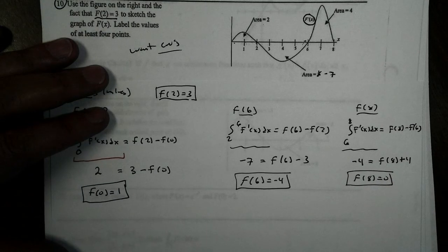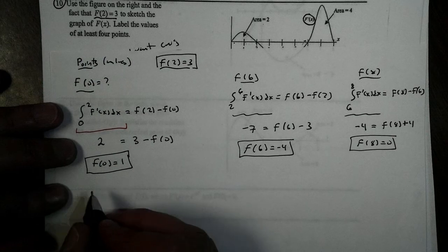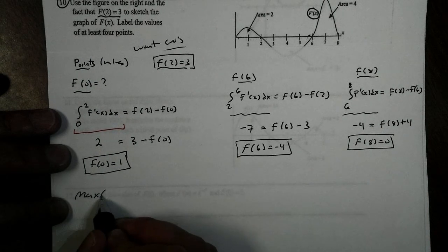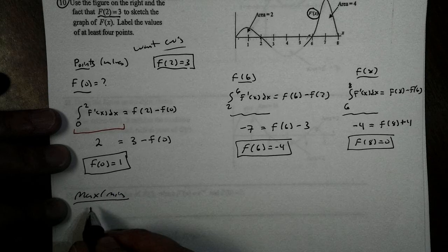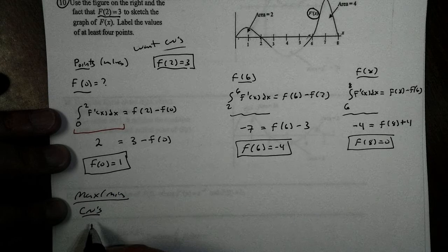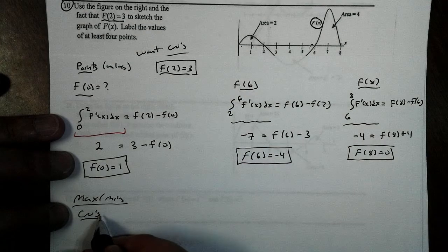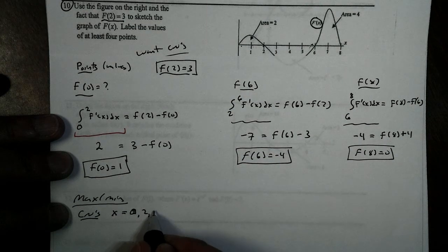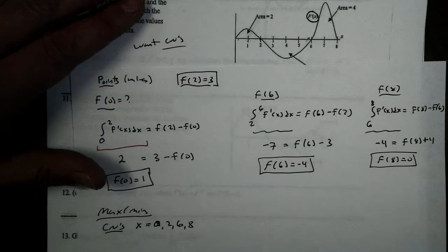After we get the points, then we need the critical numbers. We need to get the shape of the graph. So we need to find those maximum and minimum values. To do that, we look at the critical numbers. Since this is my derivative, the critical numbers are easy. X equals 0, 2, 6, and 8.